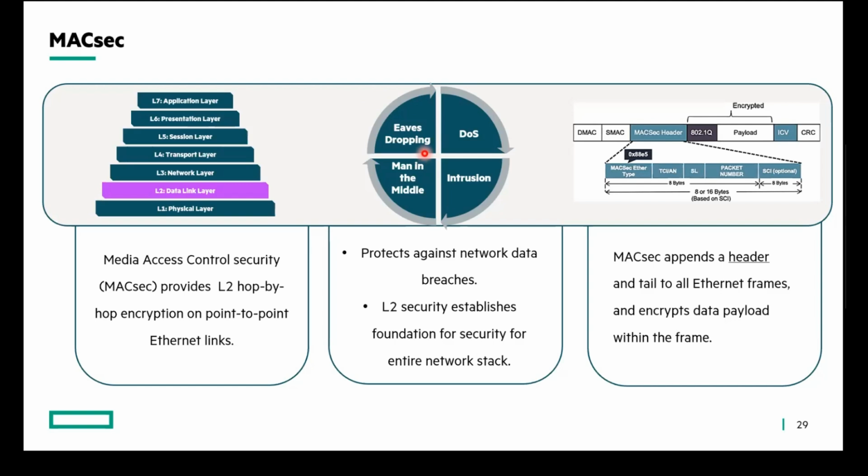How does MACsec achieve it? All the Ethernet frames are encrypted using strong encryption algorithms. It appends a 16-byte MACsec header and integrity check value to help in this process. That's how MACsec is able to encrypt the data that traverses the MACsec links.